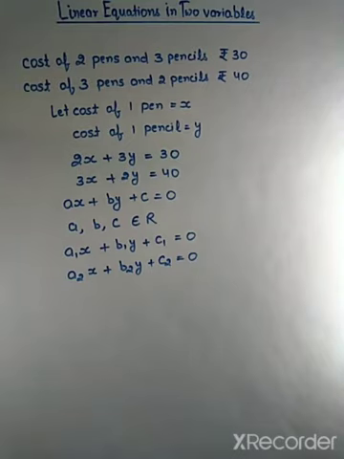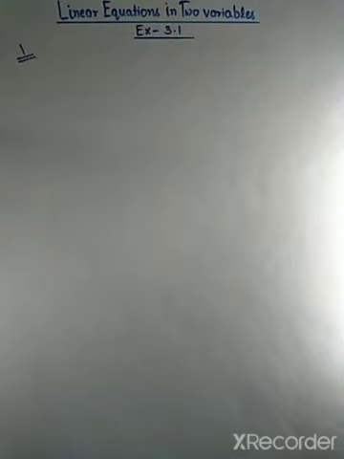Let us start exercise 3.1. Question number 1: Aftab tells his daughter, 7 years ago I was 7 times as old as you were then. Also 3 years from now I shall be 3 times as old as you will be. Represent this situation algebraically and graphically.